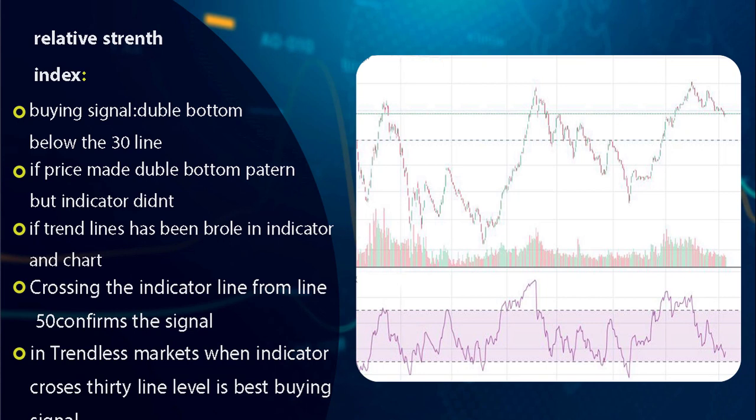For example, you can see here we have a support line, or here the highest points of this indicator are on the same line, okay? Or here we can also see the same thing, or for example here.